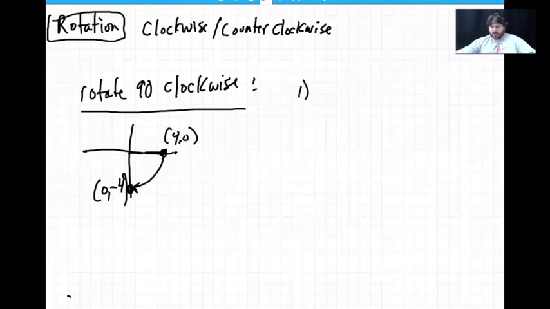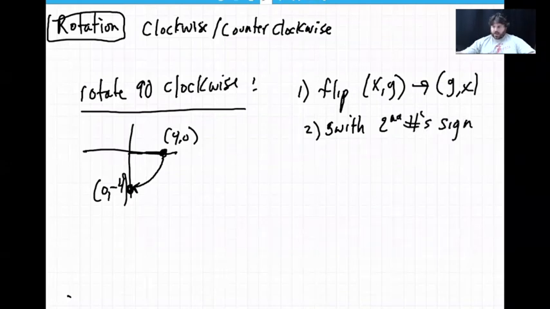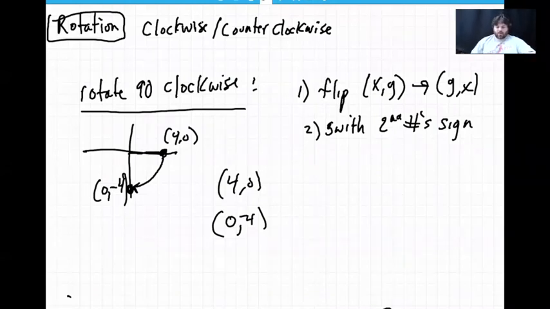So the first thing we did is we flip the x, y numbers. And then we switch the second number's sign. Okay? So what we did is we took this (4, 0) and we changed it to (0, 4). That's the first step right here. And then the second step was we switched the sign of the second number.